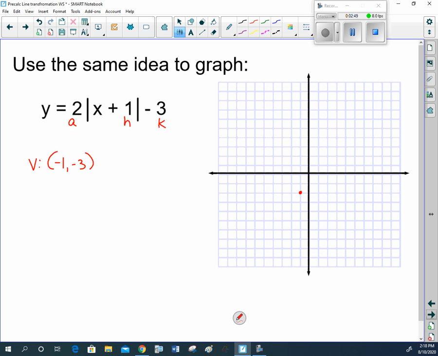So that means it's going up 2 over 1. So up 2 over 1, symmetric. Up 2 over 1. And there's our absolute value. Oops, I missed. Let's try that again. And there's our V shape.